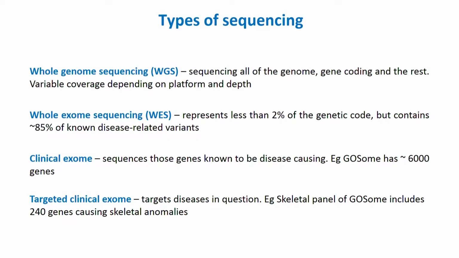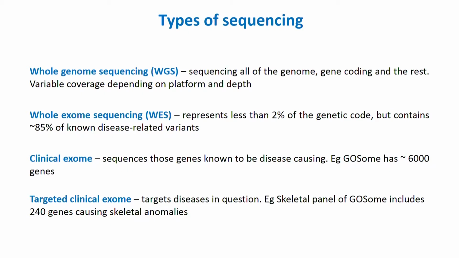Whole exome sequencing just sequences the exome, which represents less than 2% of the genetic code, but it contains about 85% of all known disease-causing variants. And then you can offer a clinical exome where you're just sequencing known genes. So, for example, at Great Ormond Street, we have what's called the Goshome, which has about 60,000 genes. So you'll just sequence those genes.